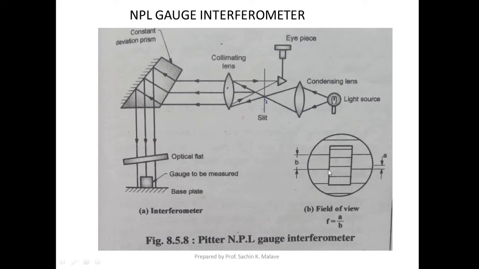As you can see, the fringes due to the base plate are displaced from the fringes due to the gauge. Okay, so let us say this distance is A. So a relative displacement of B with respect to A is given by the ratio F, which is equal to A by P.